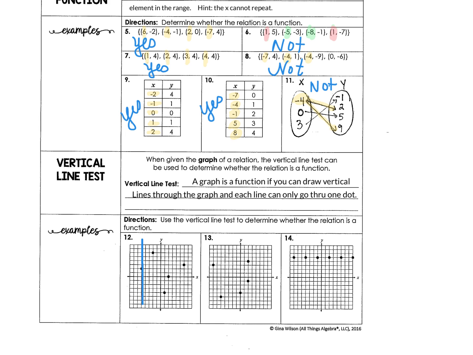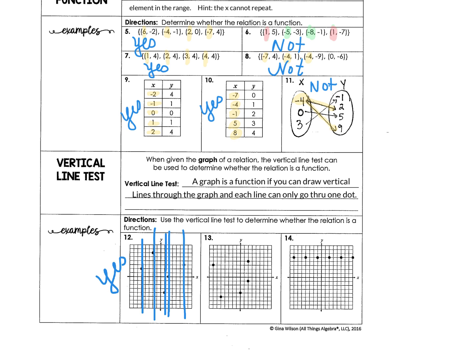If I draw a perfectly straight line, it only touches one dot. Now here I got to be careful, one dot. I can draw another line right there and it goes through one dot. And another line right there, one dot. So yes, number 12 is a function.